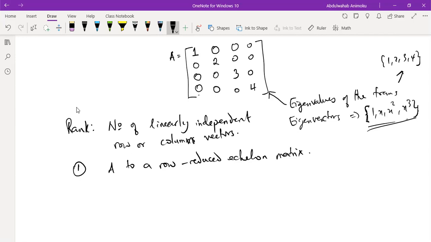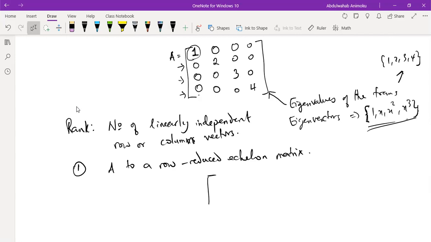As you can see, the first entry is 1, and then subsequently we can reduce each of them: divide this by 2, divide this by 3, divide this by 4, and that will give us a very simple matrix, which is a row reduced form.